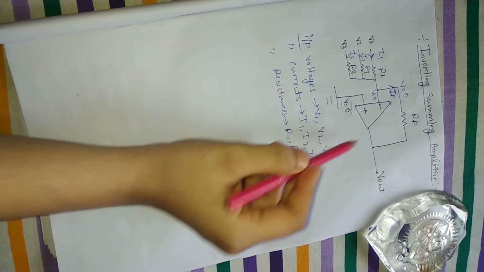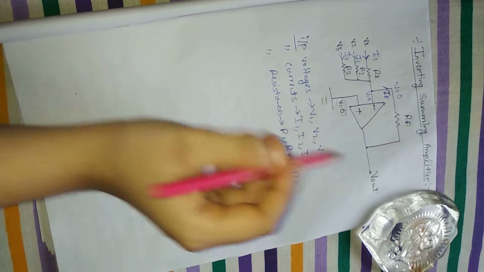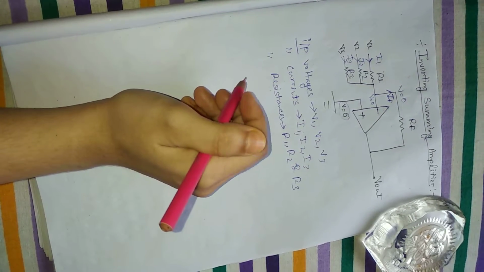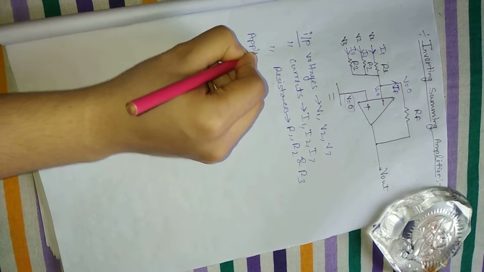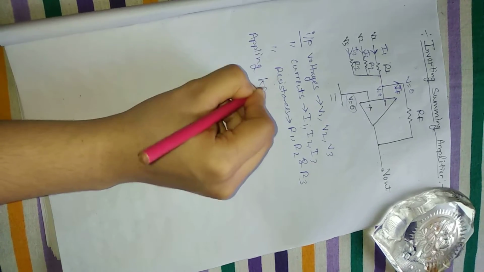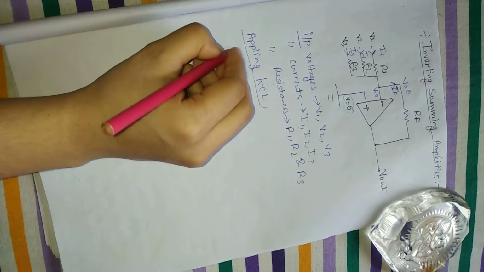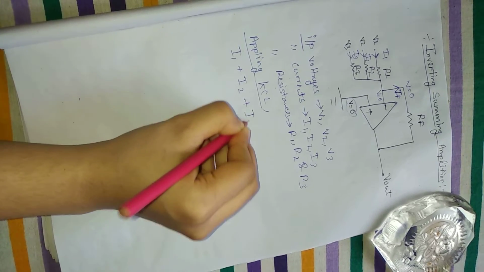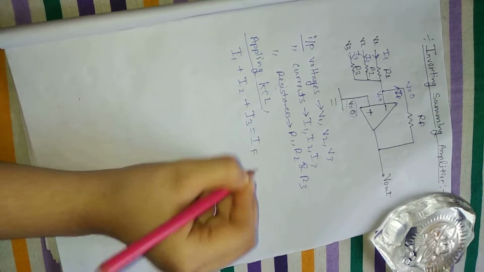Now IF is going through the resistance RF, and we assume this op-amp is an ideal op-amp, so no current will flow between these 2 terminals. Applying KCL, I1 plus I2 plus I3 is equal to IF.